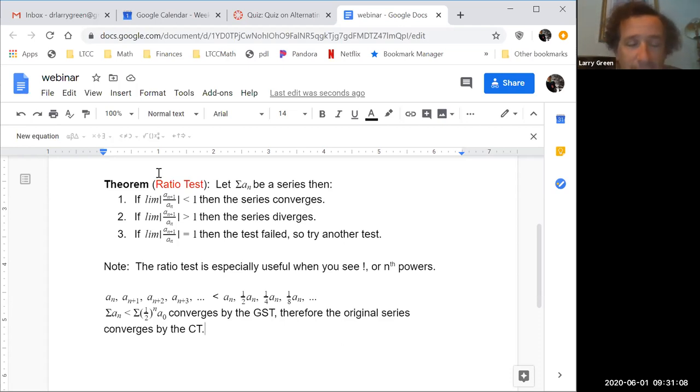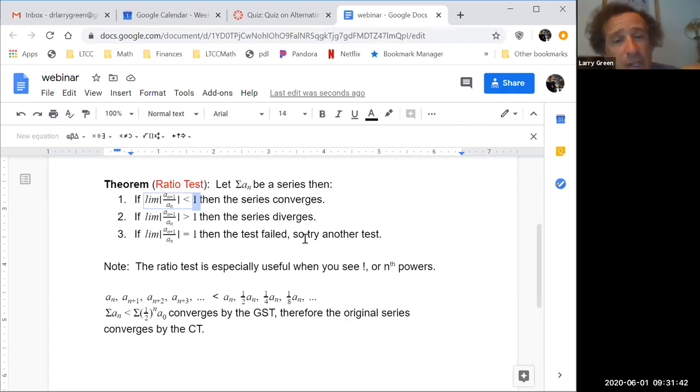And by the way, if that less than sign was a greater than sign, then everything's exactly the same with greater than signs, and it diverges by the geometric series. That's why 1 is important. It turns out there's a 1 in the theorem because of the geometric series test, that 1 is the boundary line at which you need to be less than 1 for the geometric series test to converge, and you need to be greater than 1 for it to diverge.